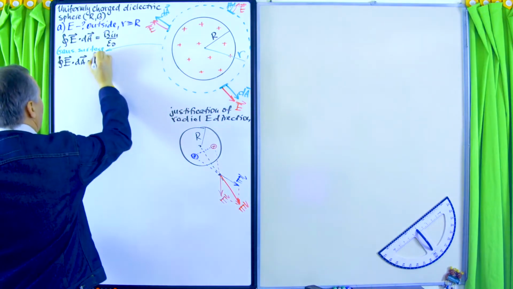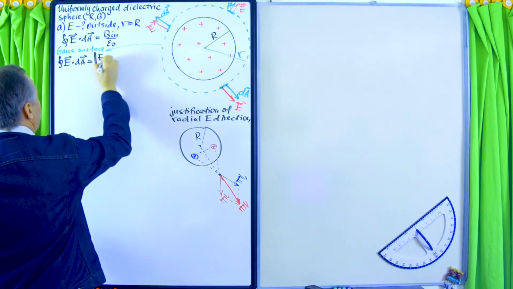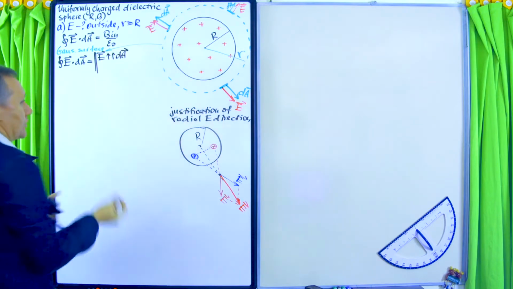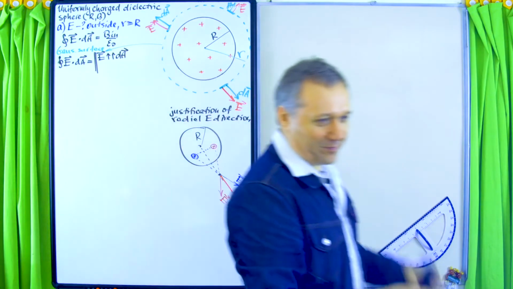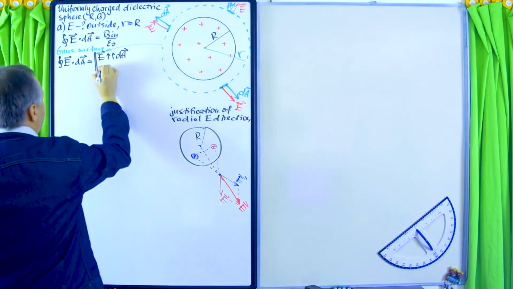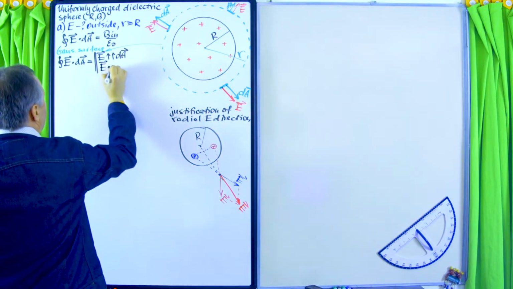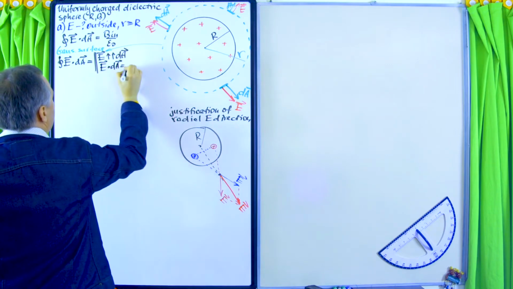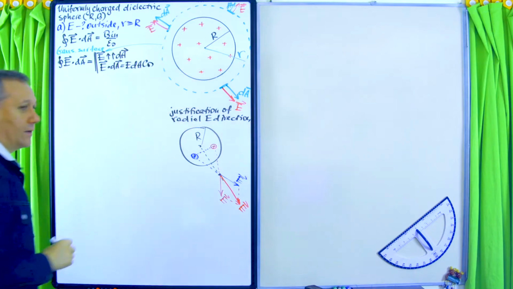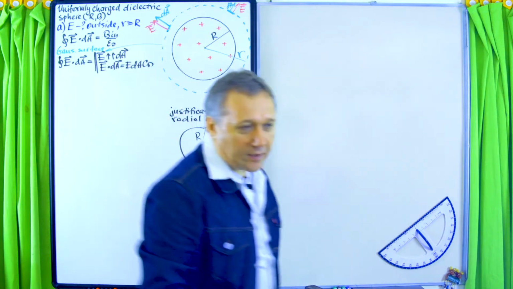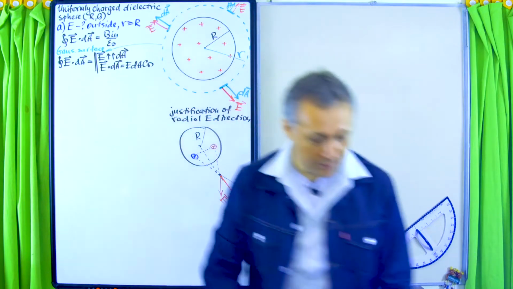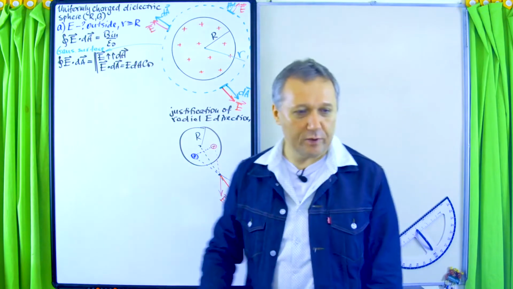So now I will open my explanation box and write: since E is parallel to dA, you see, the same directions, I can simplify this dot product or scalar product. So I can write E dot dA equals E dA times cosine of the angle. I'm just writing explicitly the dot product of two vectors, E and dA.